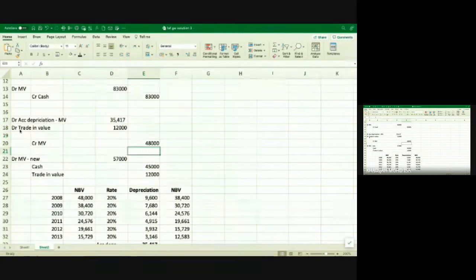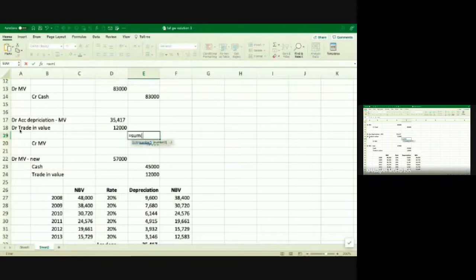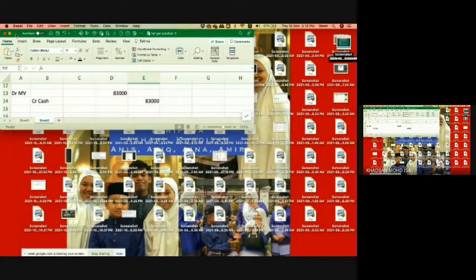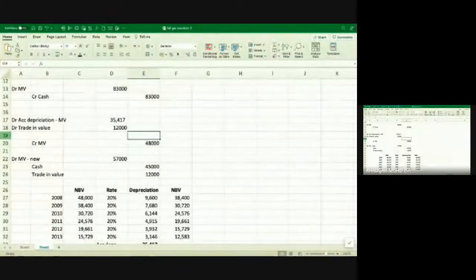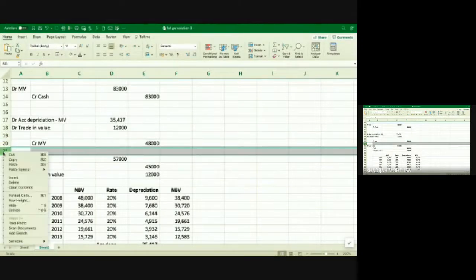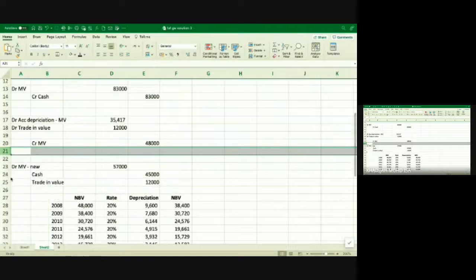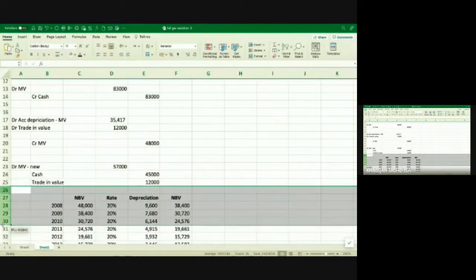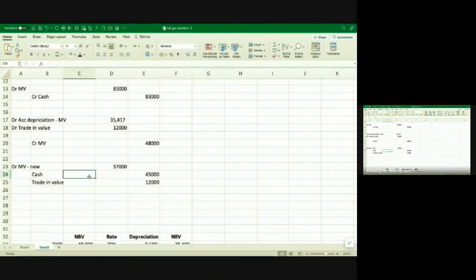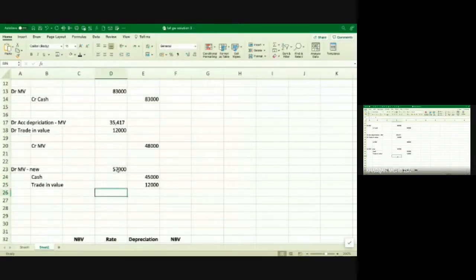Right, so this is actually plus. Okay, let me show you. So how to record this? If I have it here, I would have it like this. Okay, and this side will be 48,000.